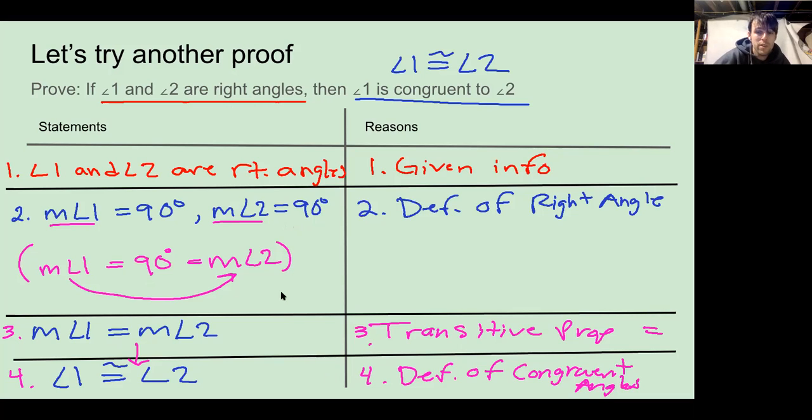And that's pretty much what this proof is saying, just in a very specific, very rigorous way, and talking about the definitions of terms that we know and using properties of equality and things like that. That's what these proofs are going to be like, at least in the beginning, when we're proving some of these basic ideas. Another name for this right here, this conditional statement, is called the right angle congruence theorem.